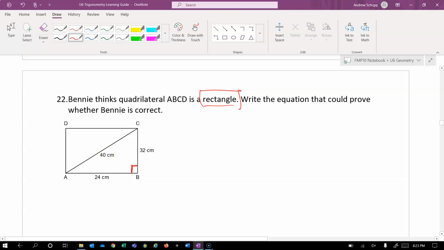And we can verify that because if the Pythagorean theorem holds true for those three side lengths, then we know it's a right triangle. So let's check that out. The two shorter side lengths are 24 and 32. So 24 squared plus 32 squared must be equal to, if it's a right triangle, meaning a rectangle, 40 squared.